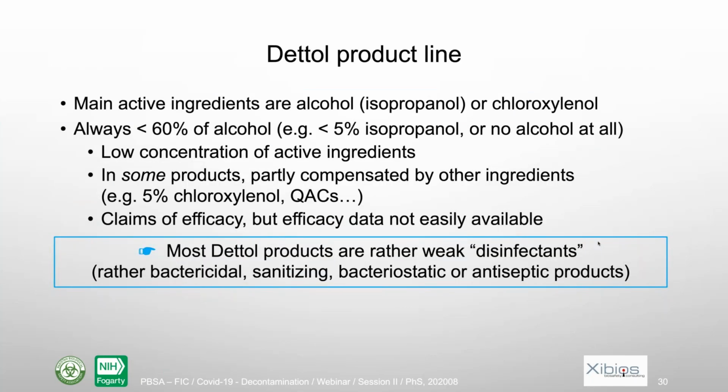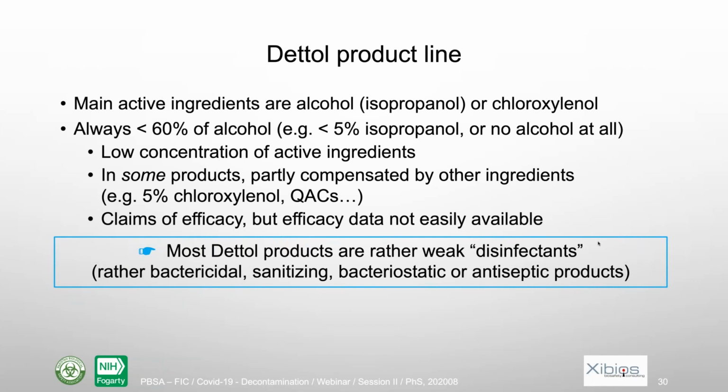If we look at the Dettol product line as a whole, we see that there are two main active ingredients, alcohol and isopropanol, and chlorhexidine. What we see also is that there is always less than 60% of alcohol, and 60% is the lower limit of efficacy.